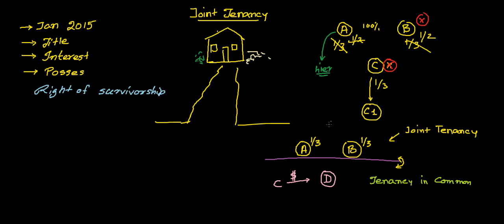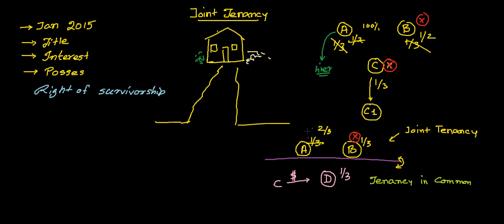Now what happens is, if, let's say, B dies for some reason, A will automatically be the owner of 2/3 of the property, but D is not going to get that. D still owns only 1/3 of the property.